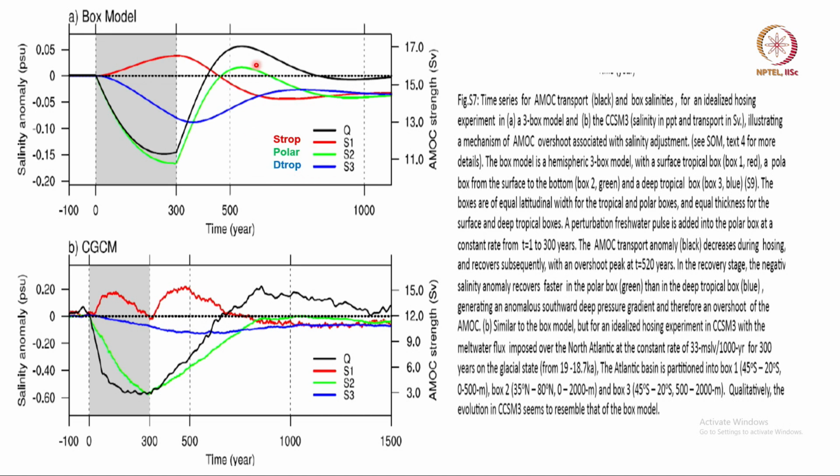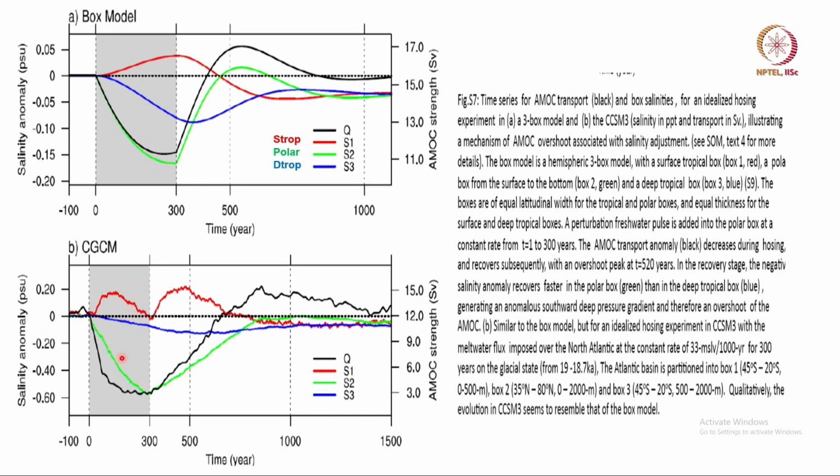Now, this simulation should be compared with this simulation, which is more complicated. This involves many layers in the atmosphere and ocean. Now, the reason I am showing the box model is to point out that the box model more or less reproduces the changes simulated by the coupled GCM.